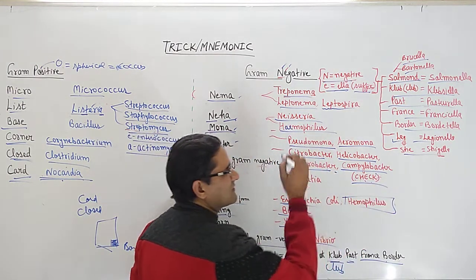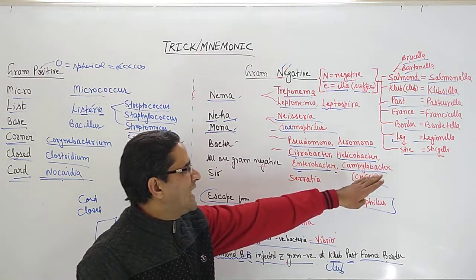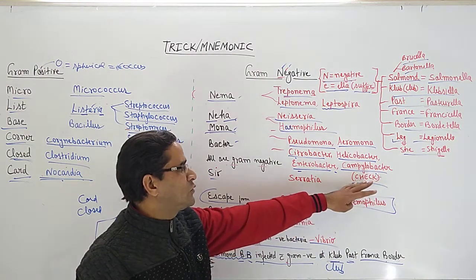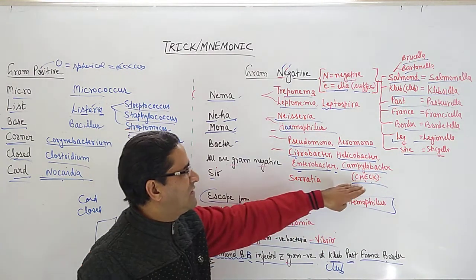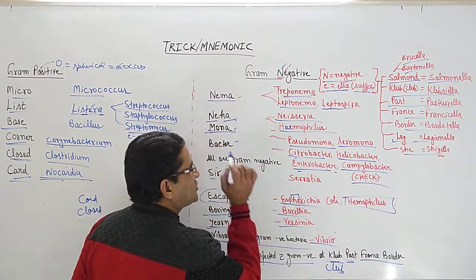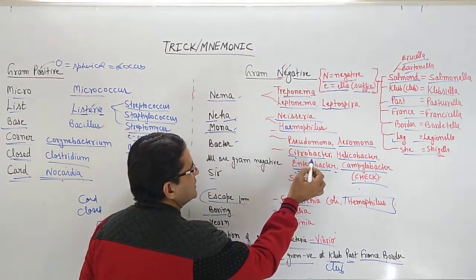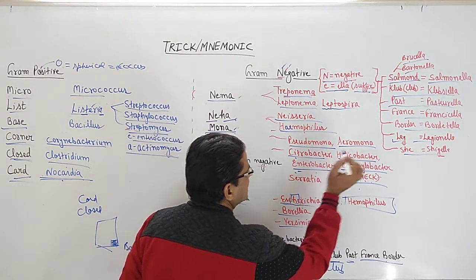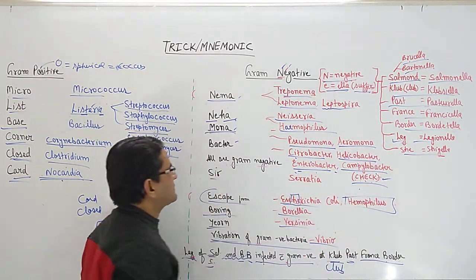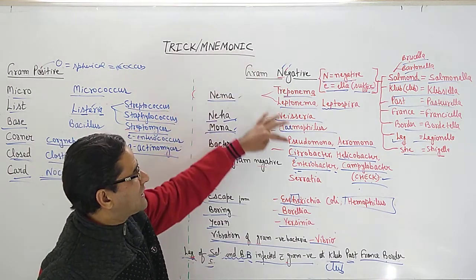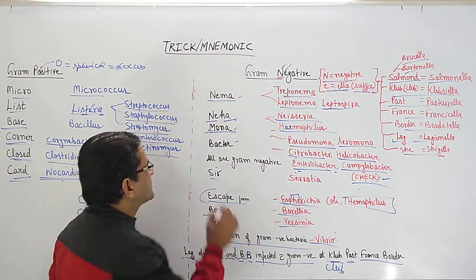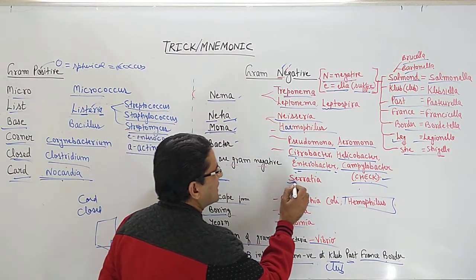We have checked, Bacter is coming. K, nothing is there, just to develop the mnemonic we have written check. So Bacter, check: Citrobacter, Helicobacter, Enterobacter and Campylobacter. All these are gram-negative, including Ser, Serratia.